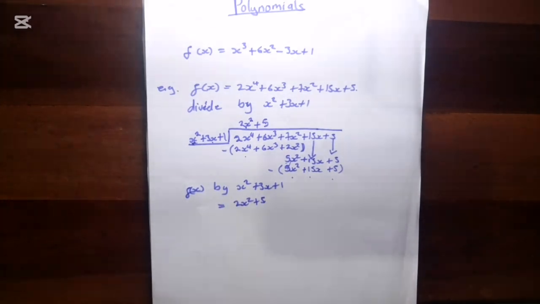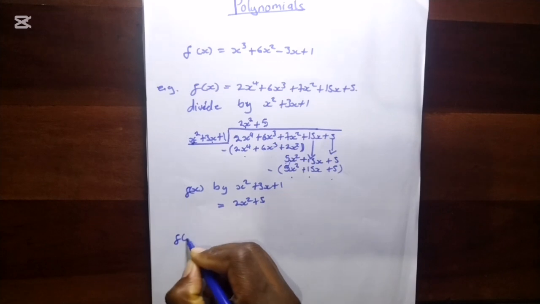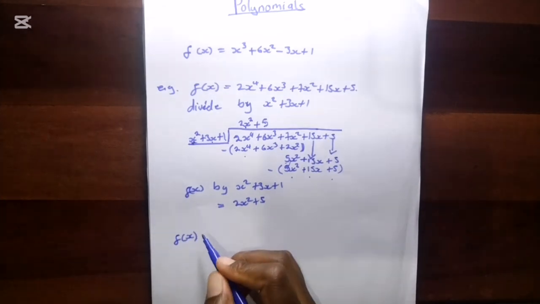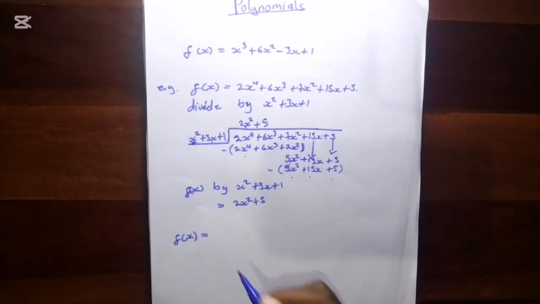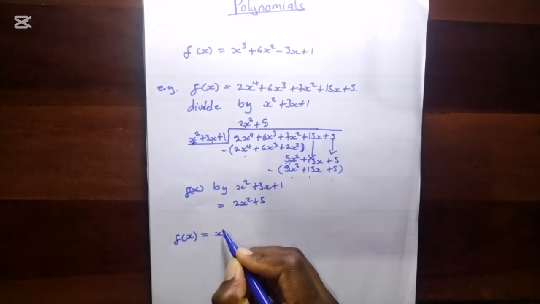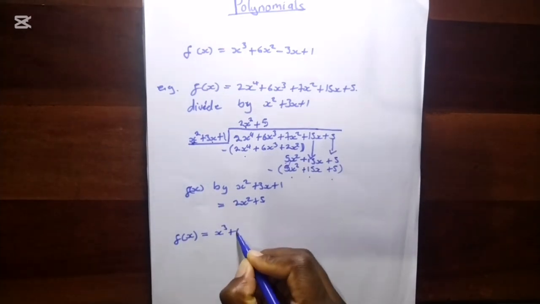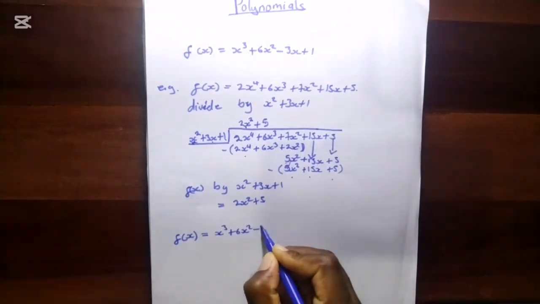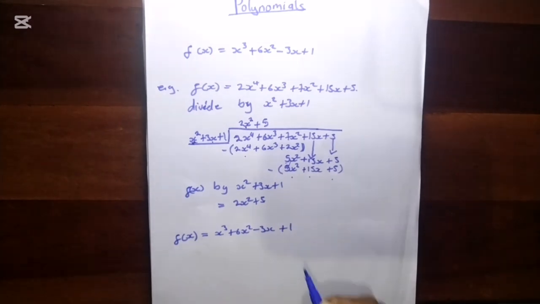Okay, alright, so let's do another example. This time we're going to divide, so let's say our f of x is x cubed plus 6x squared minus 3x plus 1.